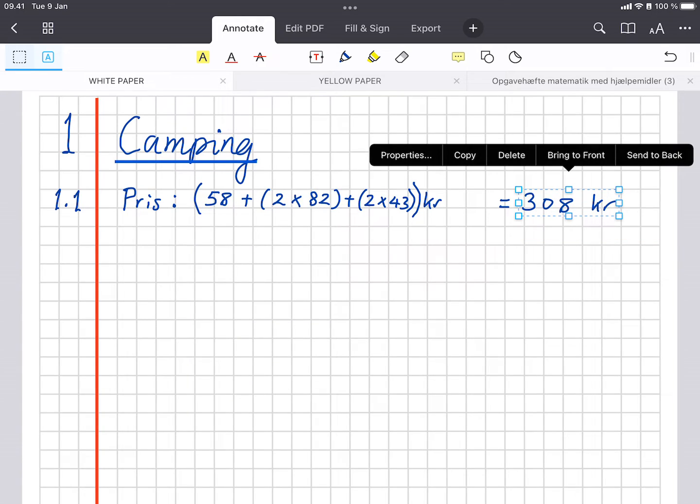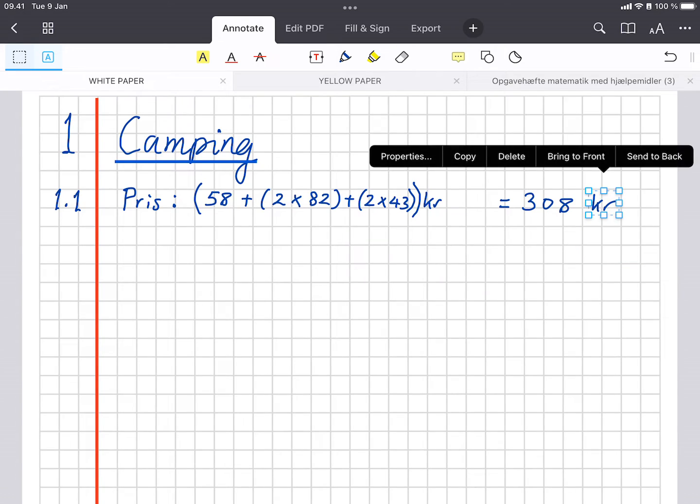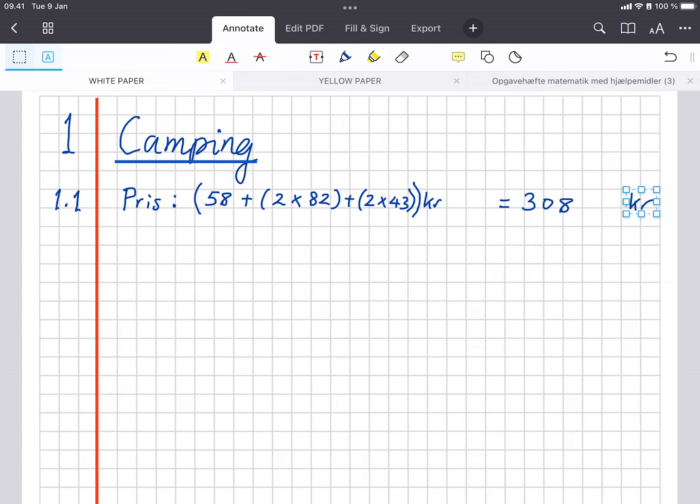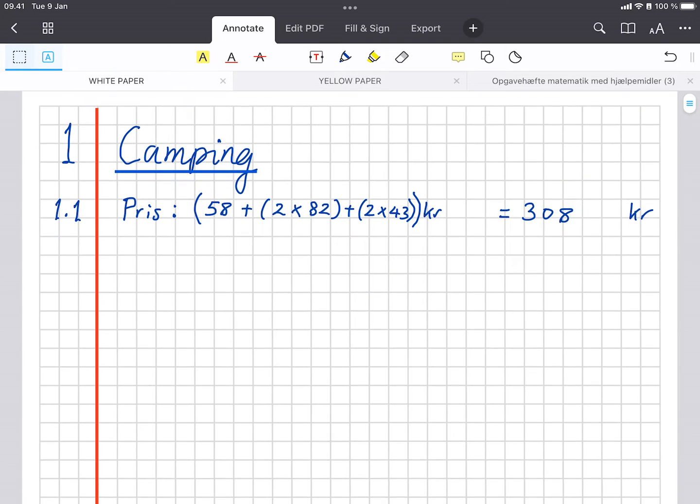In my answers I probably want to have some space for a couple of decimals that might appear in subsequent answers, so I'll just put that guy over there. I'll leave a couple of columns for decimals, and then that 308 there, I'll try to get that nicely in the boxes. So a couple of spaces for decimals and 308 like that.